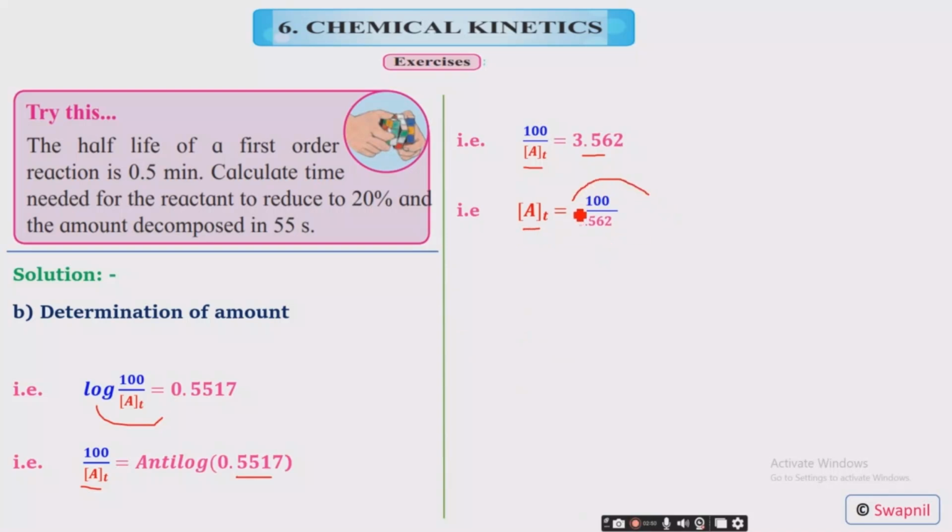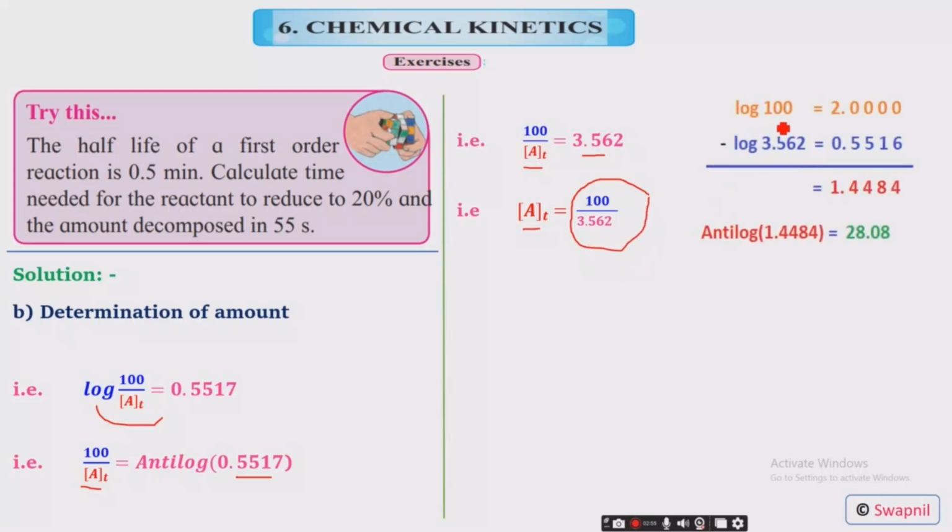Now we have to calculate this value by using logarithm. Log of 100 is equal to 2.0000 minus log of 3.562, which is 0.5516. By substituting we get 1.4484. Now antilog of 1.4484 is equal to 28.08. So we get concentration of A t is equal to 28.08%.